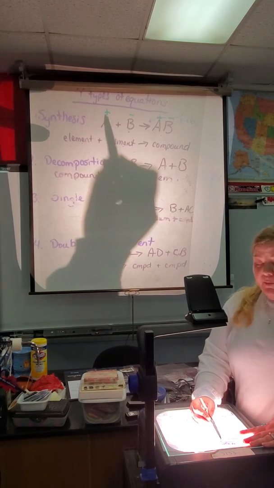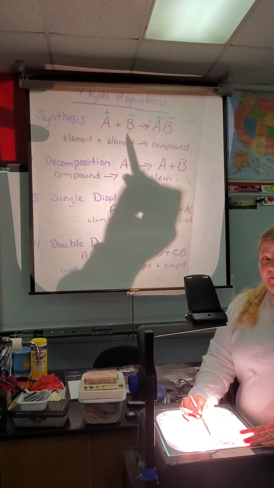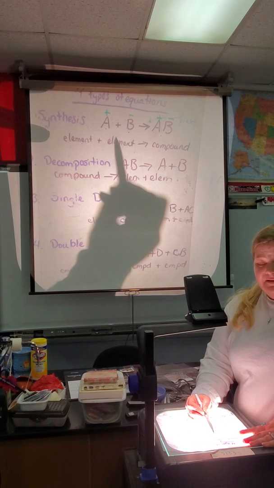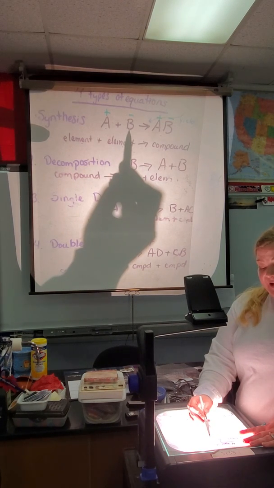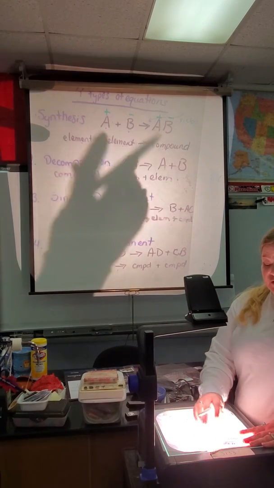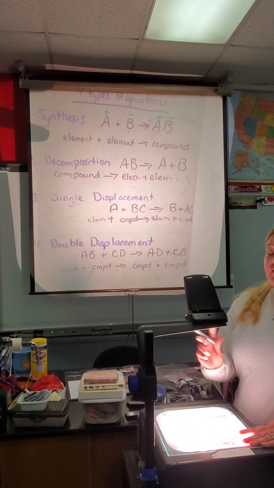So remember, your positives are metals, negatives nonmetals. Those form what type of bonds? A positive and a negative forms an ionic bond. 2 negatives, covalent bond, and 2 positives, metallic.